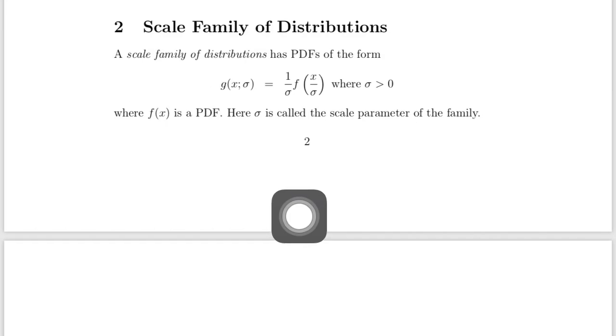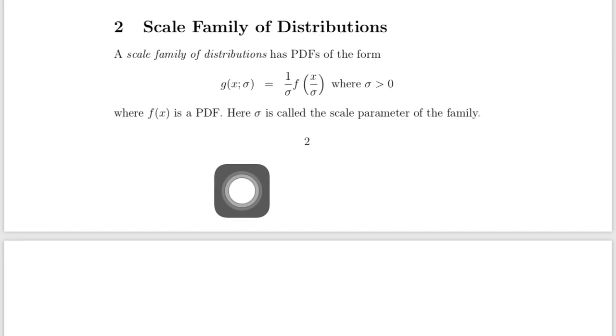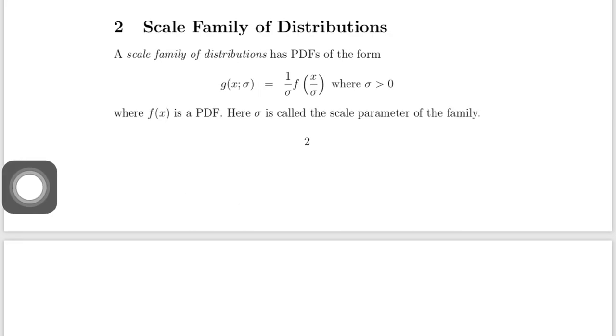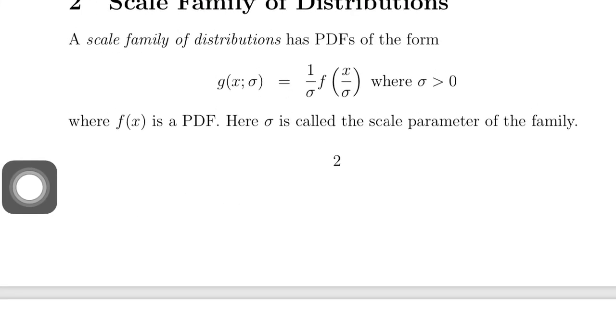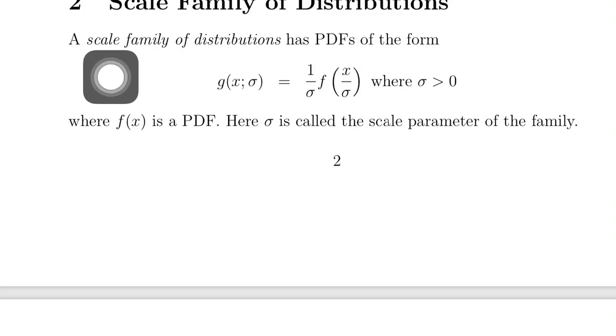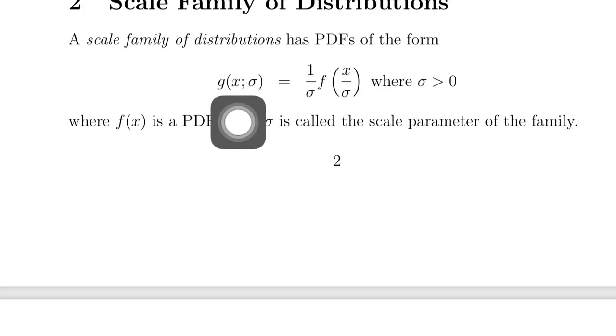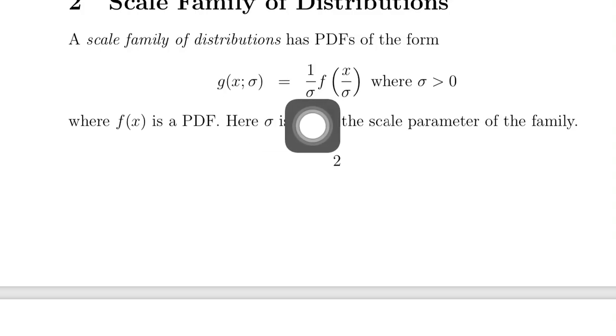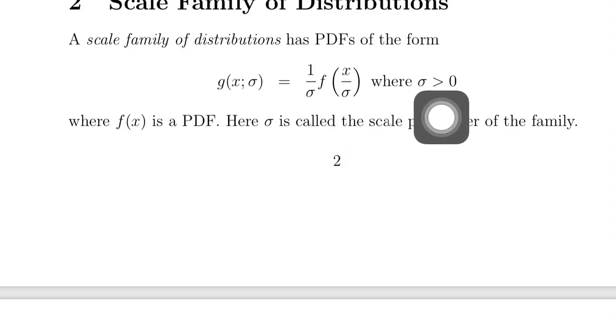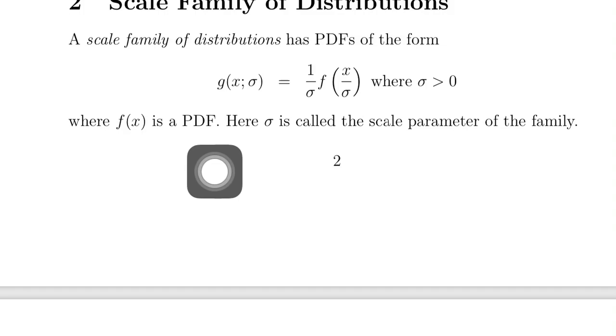Before going to the discussion of the shape of the distribution, we shall define what is meant by a scale family. A scale family of distributions has a PDF of this form: g(x; sigma) equals 1 by sigma times f(x by sigma), where sigma is greater than 0 and f is a PDF.